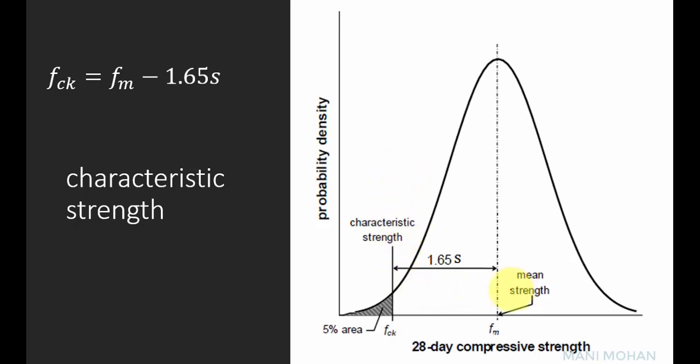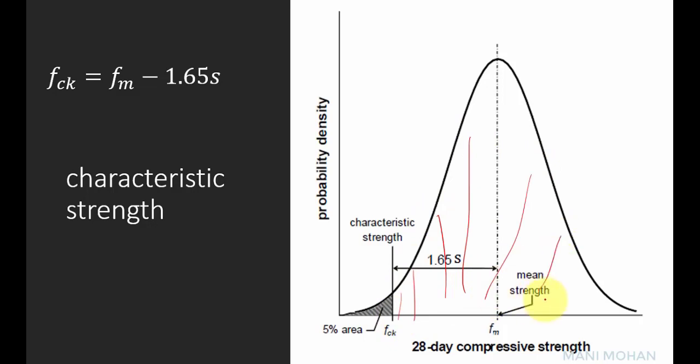Now, let us see how to find the characteristic strength of the concrete from the set of cube compressive strength data. The data which you have is to be plotted in the form of a normal distribution curve. Now, it can be shown that 95% of the area under the graph lies between minus 1.65 s and plus infinity.